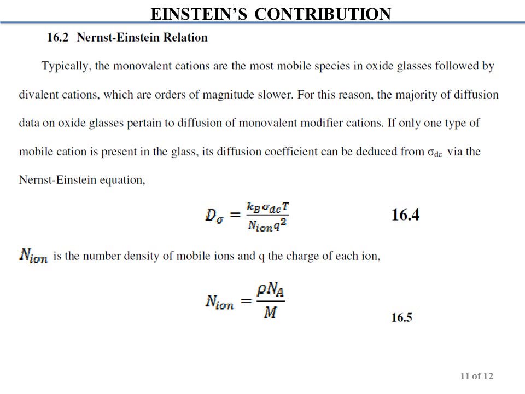If only one type of mobile cation is present in the glass, its diffusion coefficient can be deduced from sigma DC, which is its conductivity, via the Nernst-Einstein equation. As you can see in 16.4, where N sub ion is the number density of the mobile ions, and Q the charge of each ion, and M is the atomic mass of the ion.